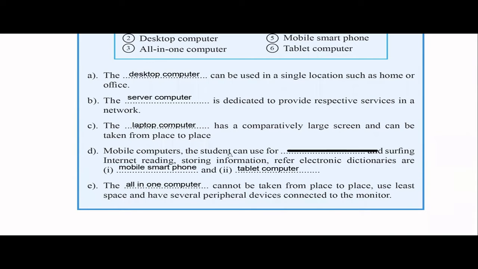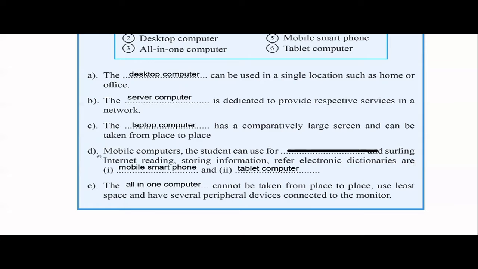Mobile computers, the students can use for... actually, in the English version, the English textbook has a small printing mistake. I referred to this same thing in the Sinhala textbook. Here there is nothing given as a blank, so basically it should be like this: the computer can be used for surfing the internet, reading, storing information, and referring to electronic dictionaries.